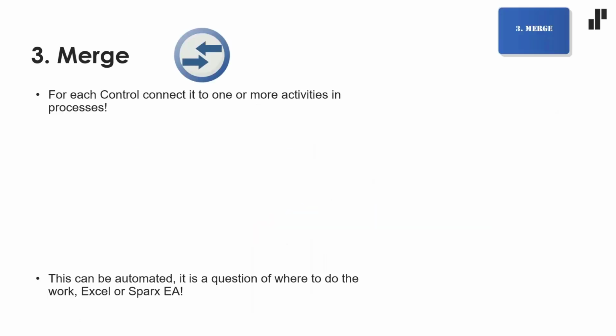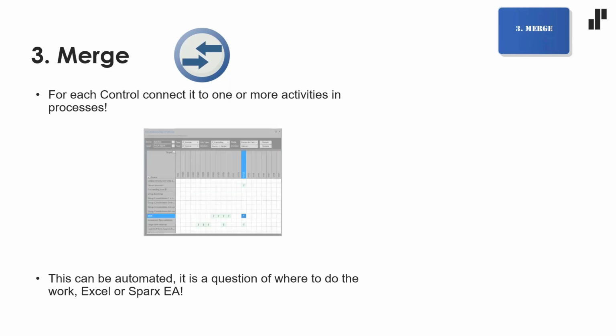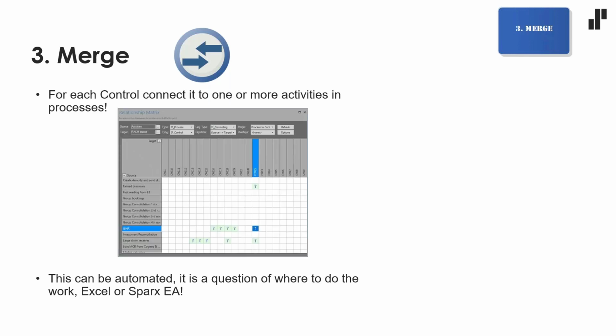And when we come to the merge, I usually do it with the relationship matrix. I think it's easier, and also it's quick. And when you do it, you get the right stereotype on the relation. So I will show you that in the demo.